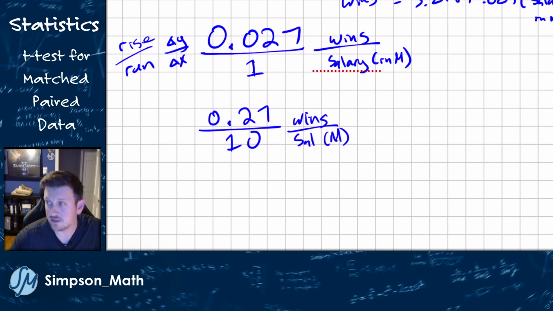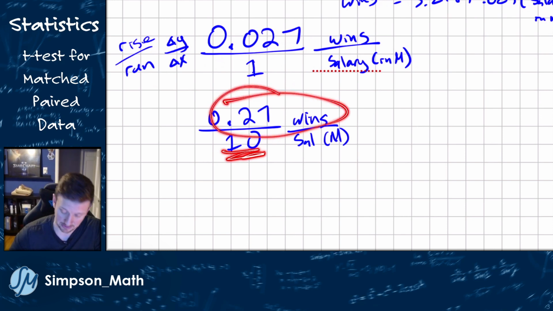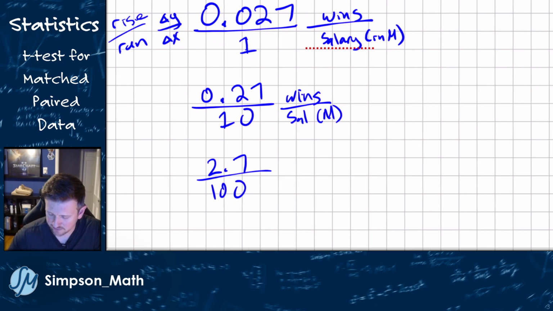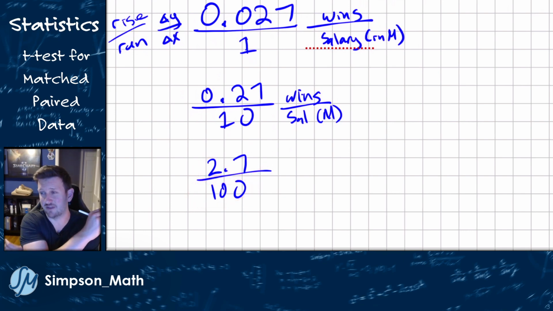So for every $10 million spent, the model predicts an increase of about a quarter of a game won. Do that again if you want to. For every 2.7 wins over 100 million, so for every $100 million spent in salary, the model predicts an increase of 2.7 more games won. Okay, that might make a little bit more tangible sense.